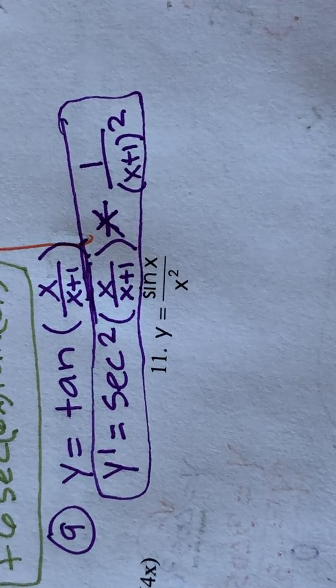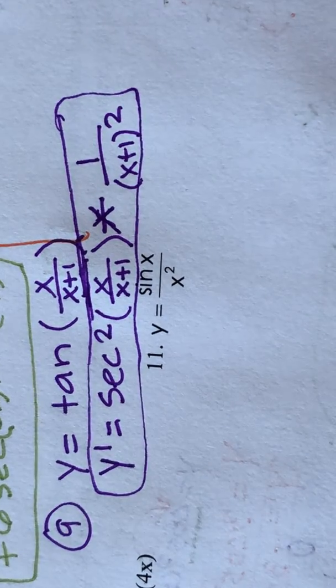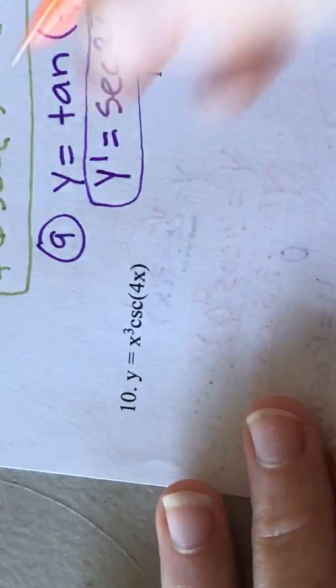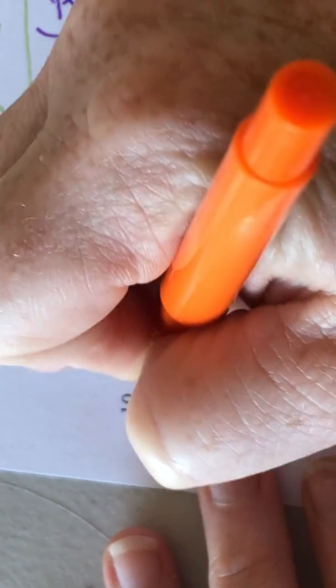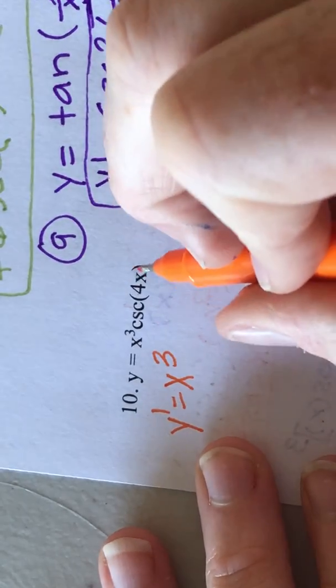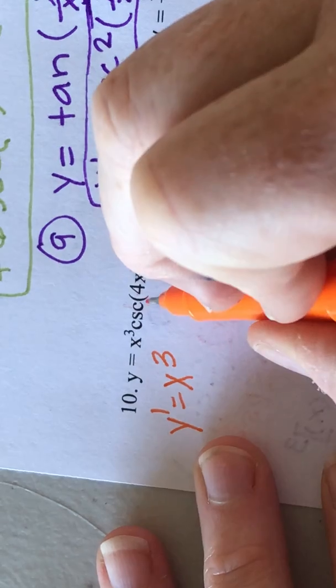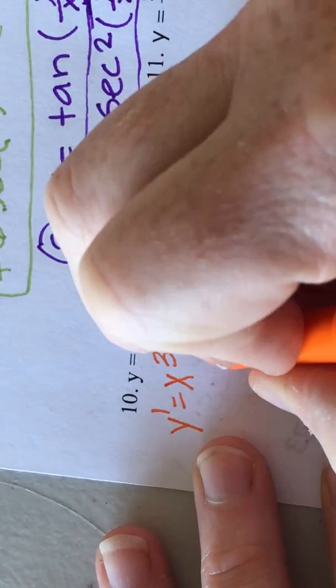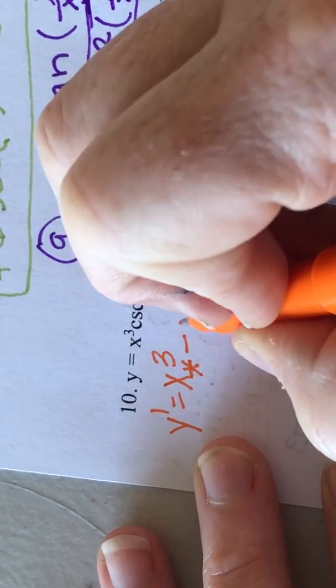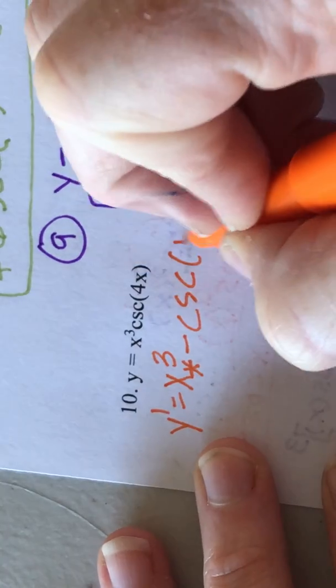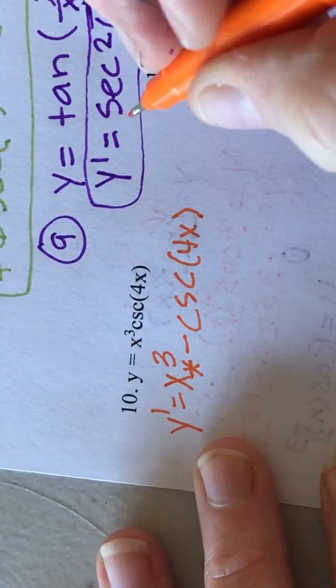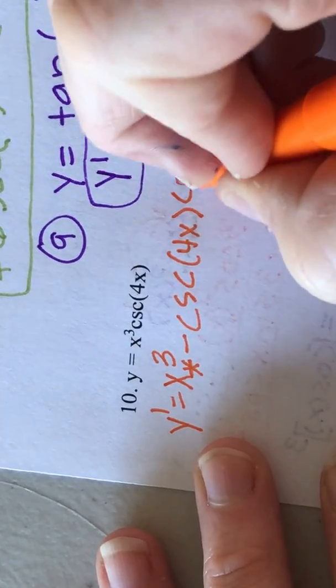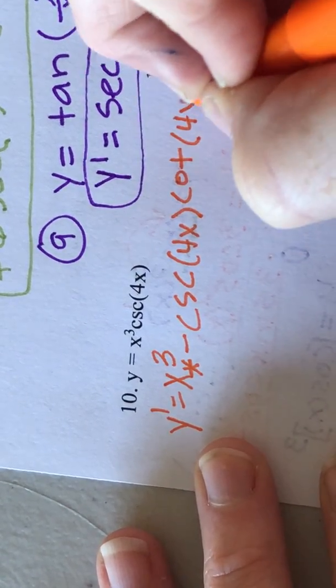All right, I'll just run through 10, 11, 12 really quick. So 10, product rule. We're going to take the first times the derivative of the second, and cosecant is negative cosecant x, cotangent 4x, okay?